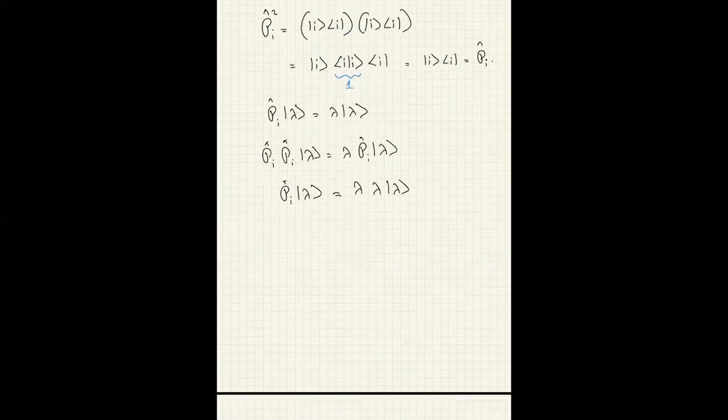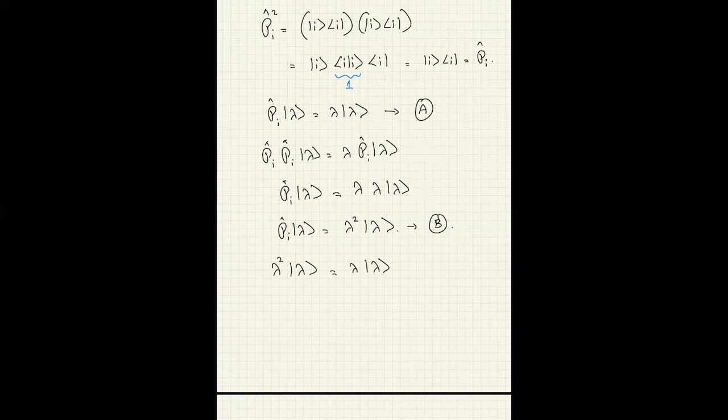In other words, Pi acting on |lambda> should be equal to lambda squared |lambda>. But if you look at equations A and B, the left-hand side is the same, so the right-hand side also has to be the same. So we can conclude that lambda squared |lambda> should be the same as lambda |lambda>.